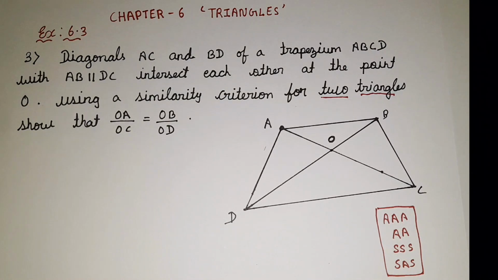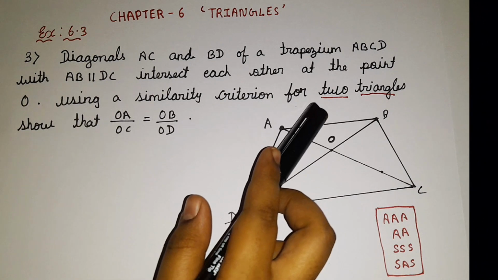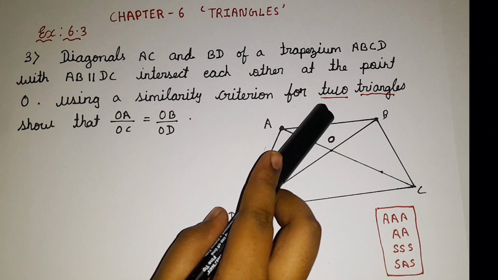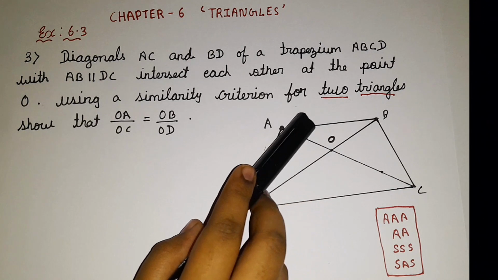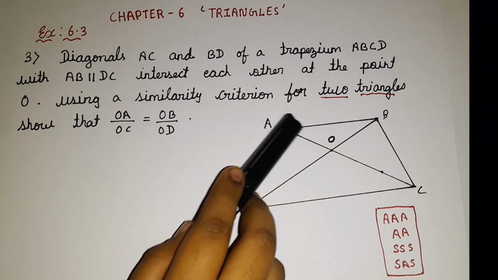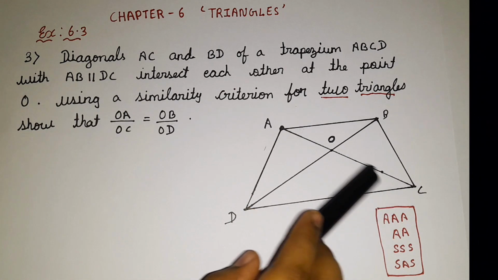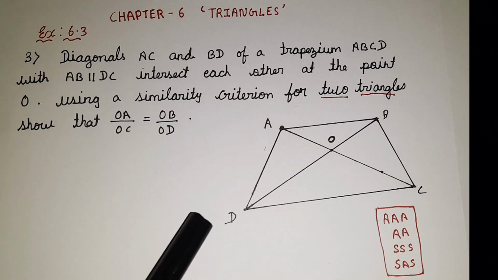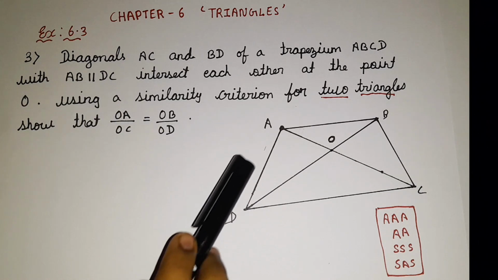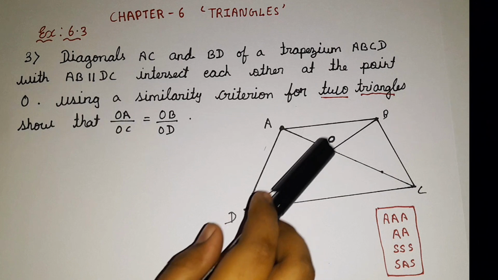Here we have four triangles, but according to the question we are supposed to take two triangles. You might be wondering which triangles we are going to take. I am going to take triangle AOB and triangle COD. Why am I taking those triangles? Why can't I take AOD and BOC?